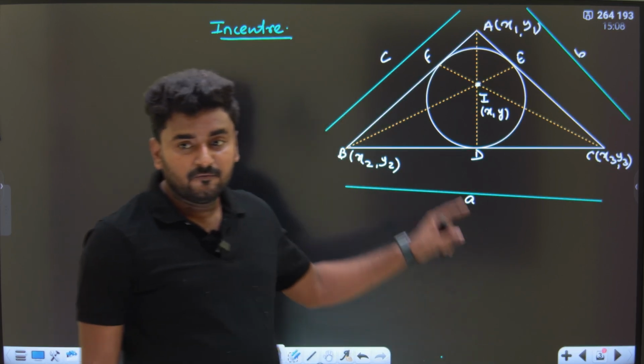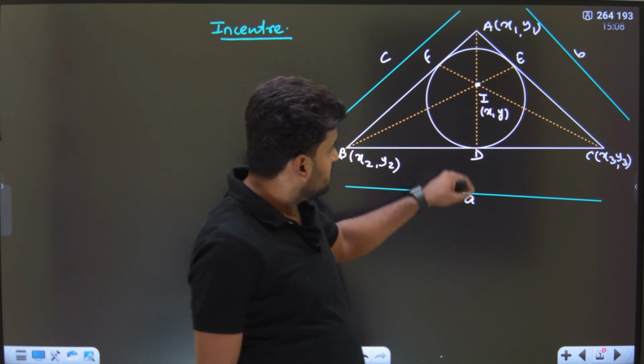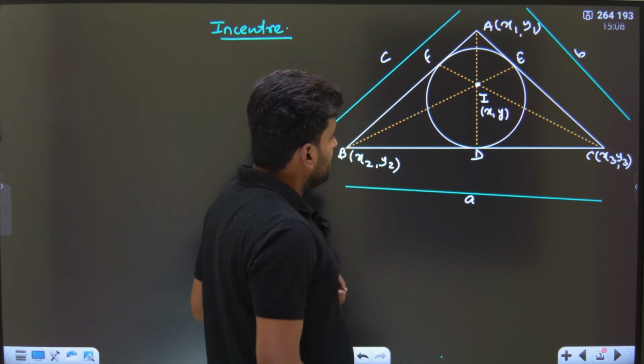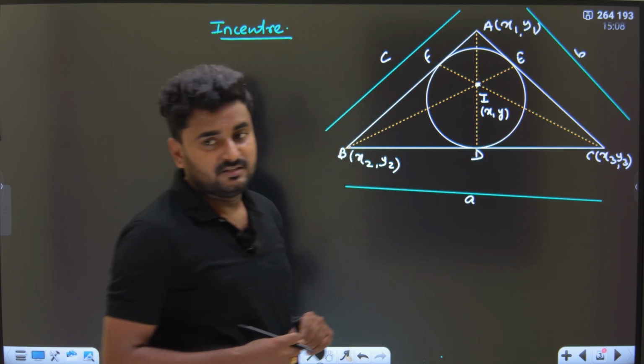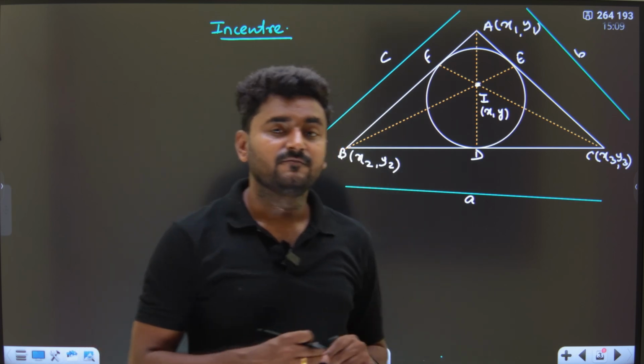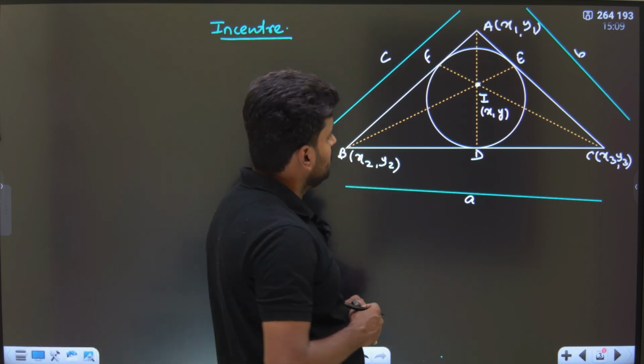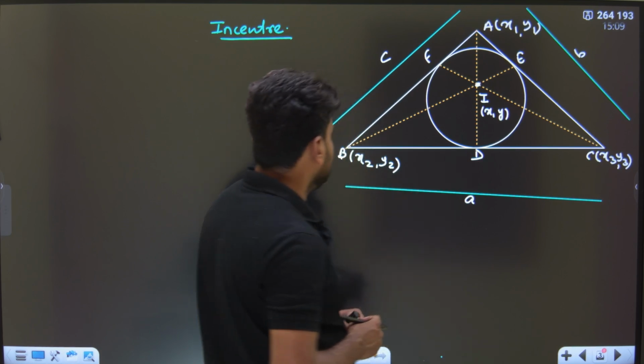Now I want to find the incenter I. For finding the incenter, let us try to find the coordinate of this point D. For finding the coordinate of D, what will I do?